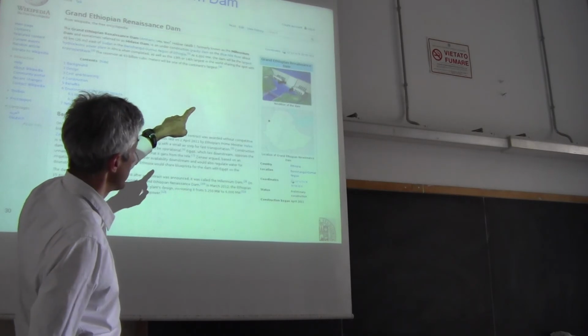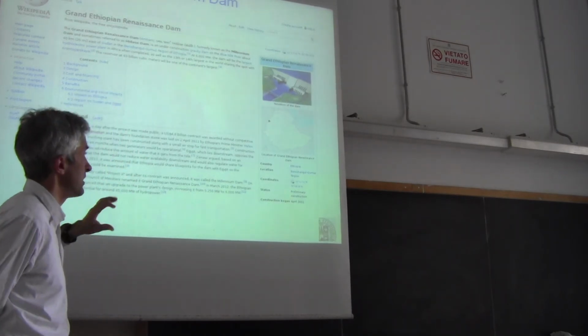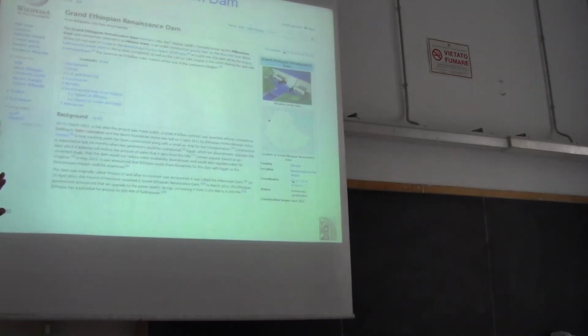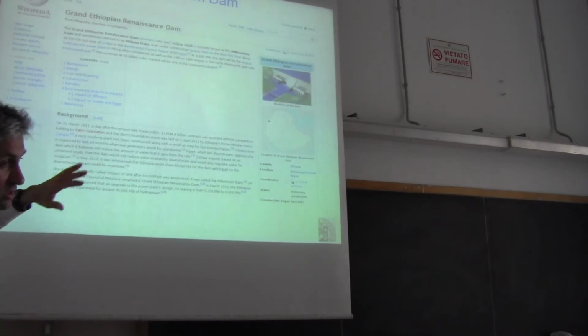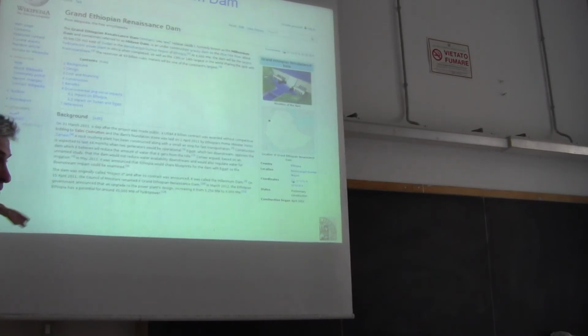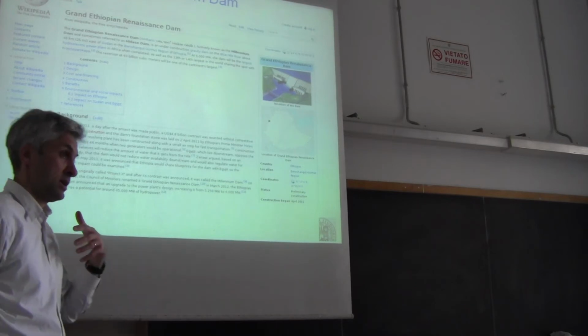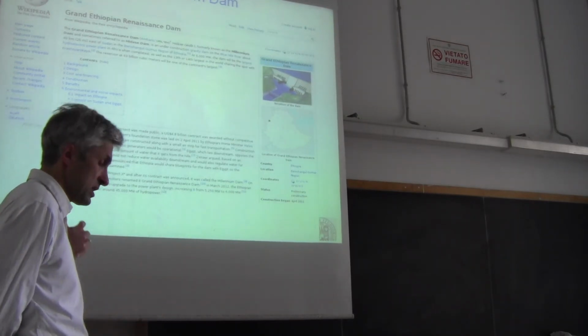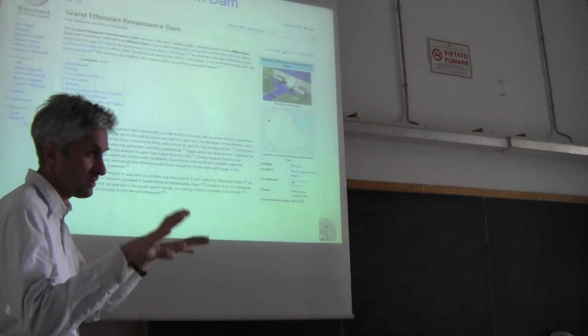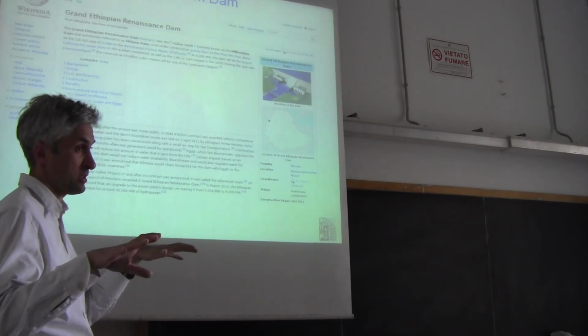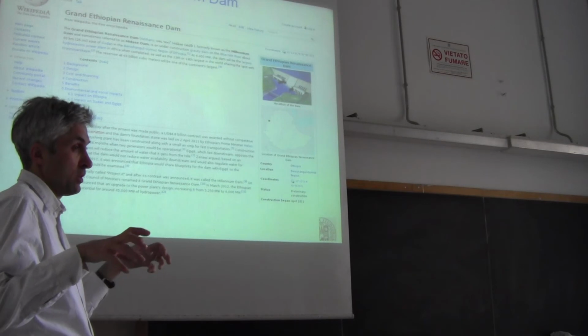You see a rendering, and a rendering because they just started filling the reservoir. They just finished building the dam, and now they are starting to fill the reservoirs. Keep in mind that a very large reservoir like this one may take some years to get full, because you need to make a smooth storage, because otherwise you take all the water available.